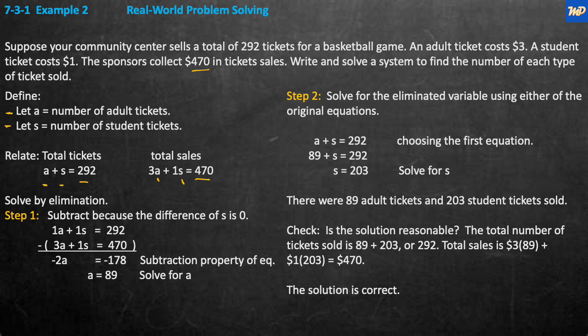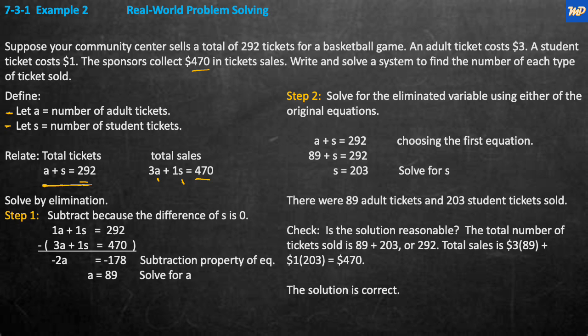So first, what are we going to do? We're going to write our two equations. 1 times A plus 1 times S is equal to 292. So that's the A tickets plus the S tickets equals 292. That's our first equation right here.